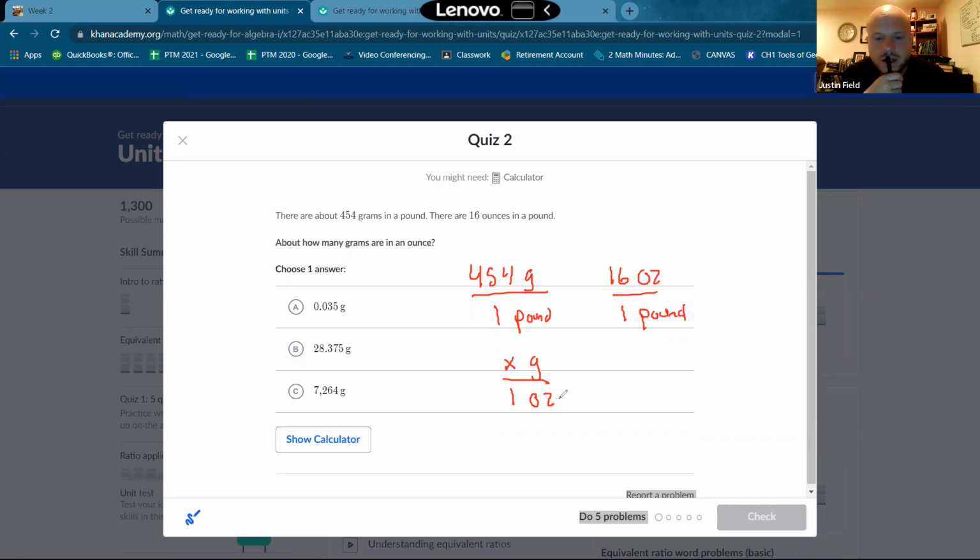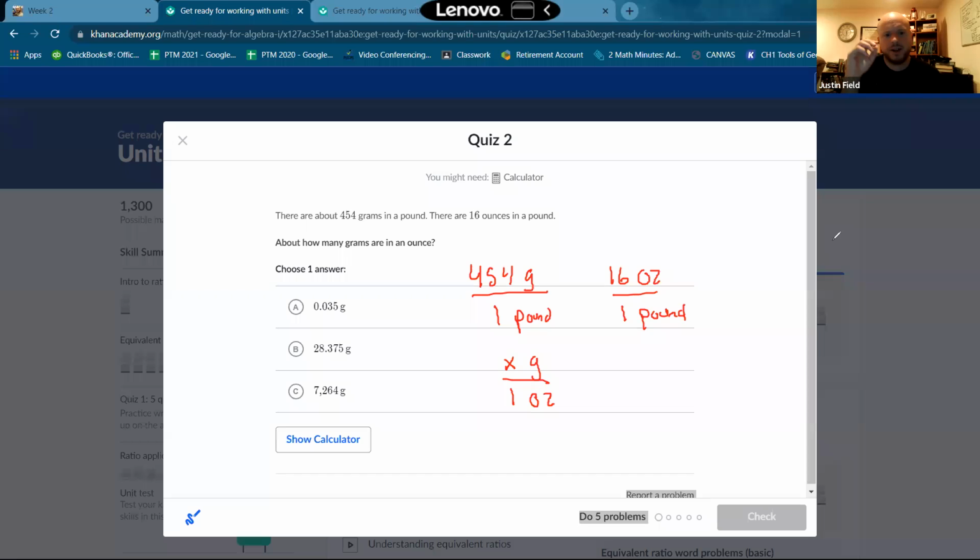Okay, so now that I have written this, I'm thinking that I want to find out how many grams are in an ounce. Press pause. I want you to see me think this. So we want to know how many grams are in an ounce.